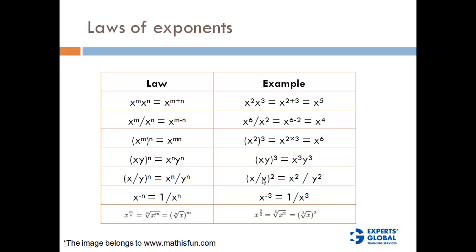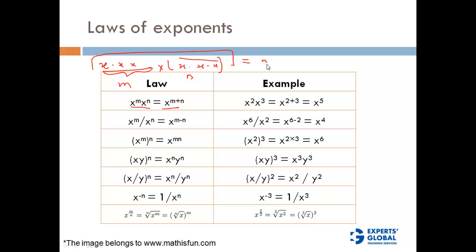Some laws of exponents. x raised to m into x raised to n. Now these laws are fairly straightforward. I have x into x into x, m times, and then I multiply that by x into x into x, n times. So when I look at the whole product, what do I get? This is m times x, this is n times x.